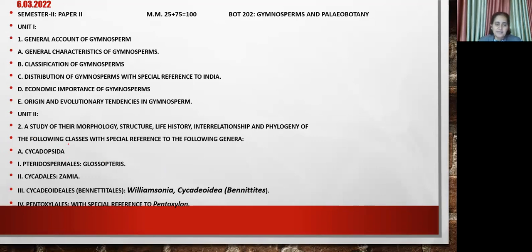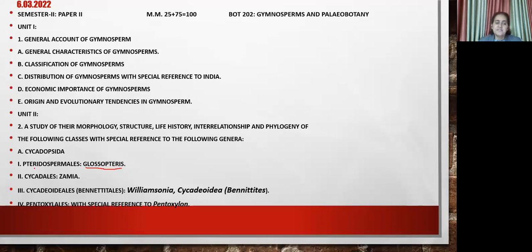We know about the ending Opsida through the study of classification of bryophytic plants. Now, the first order is Pteridospermales under class Cycadopsida. And you have to study the genus Glossopteris. So, Glossopteris is a fossil genus.